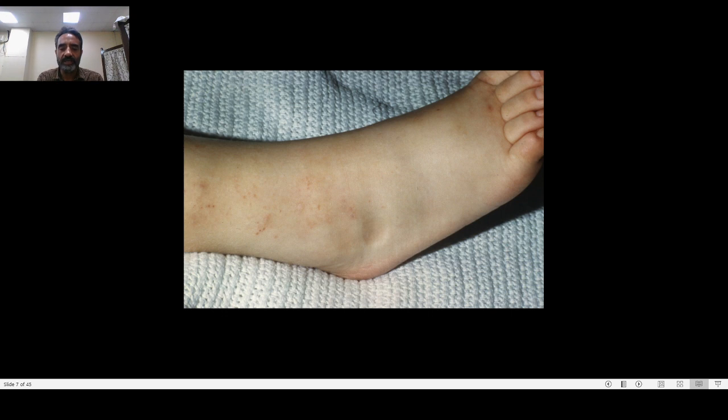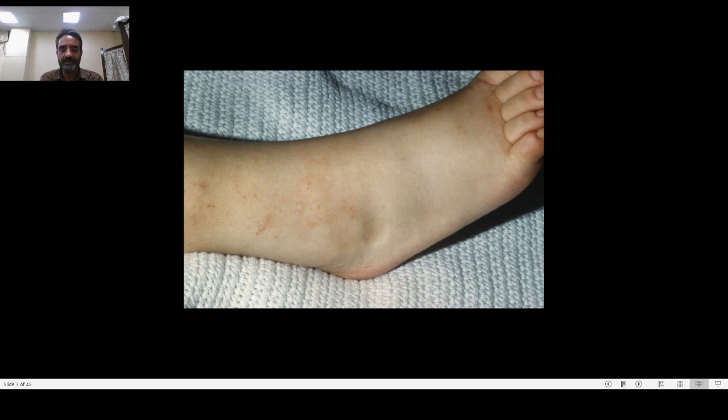So this slide shows the pitting type of edema. What does that mean? When there is edema and the patient comes to you, you can press upon the ankle of the patient with your thumb and put pressure for some time.